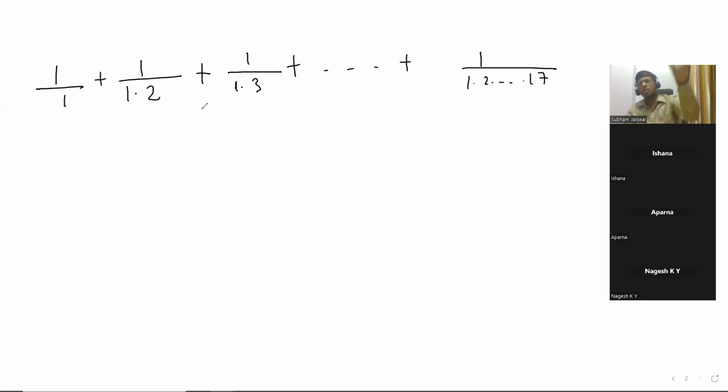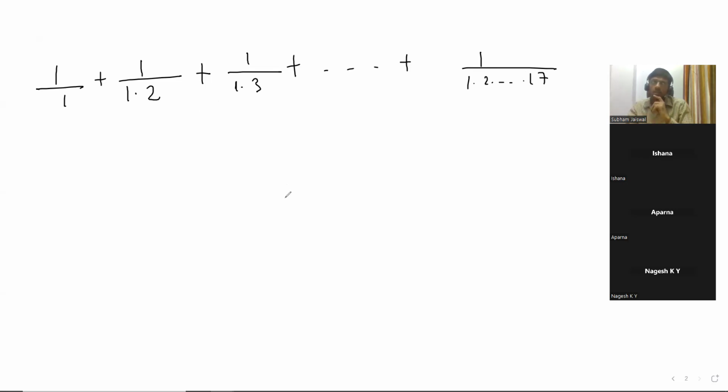So if you look at the number 2, then what is the highest power of 2 that appears among these denominators? Can you tell? That should be easy. Just the 17 factorial or something. It should be there only in the last one, right?